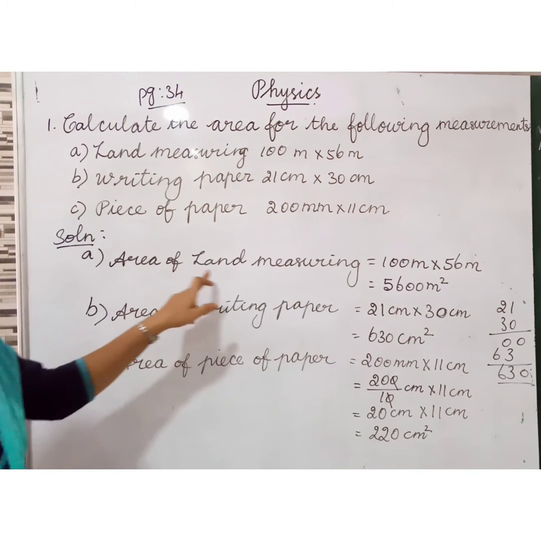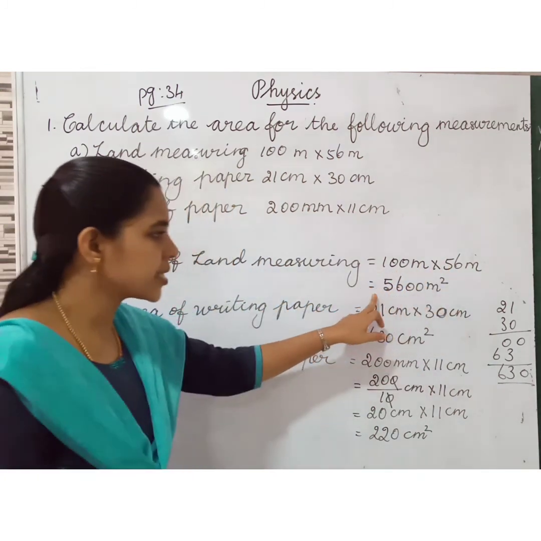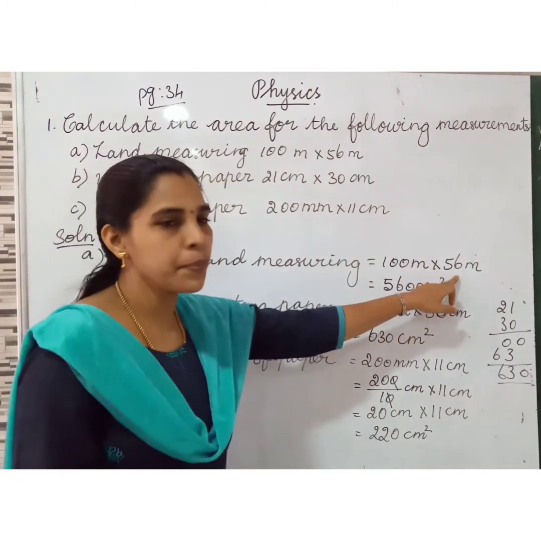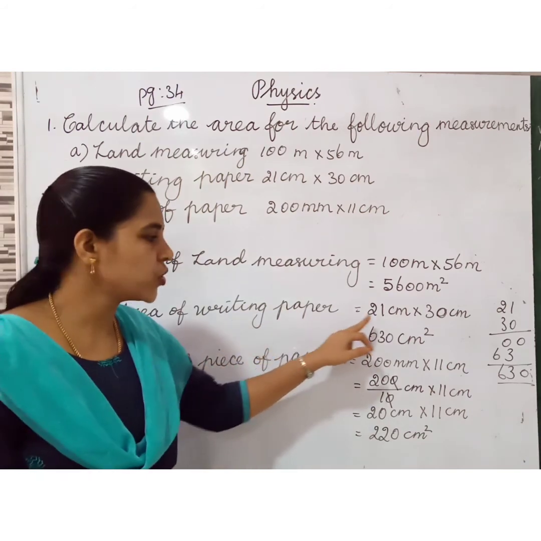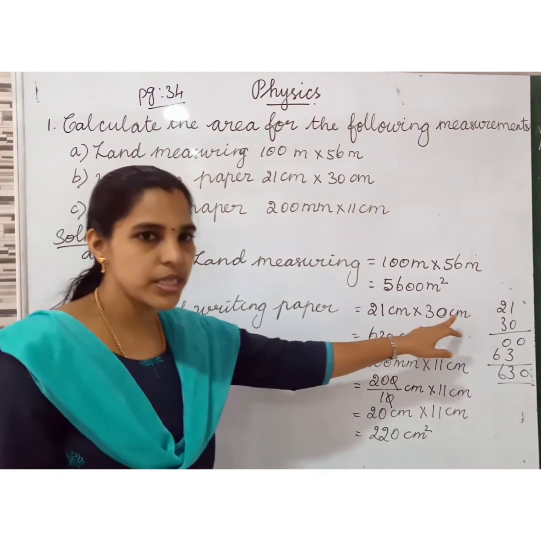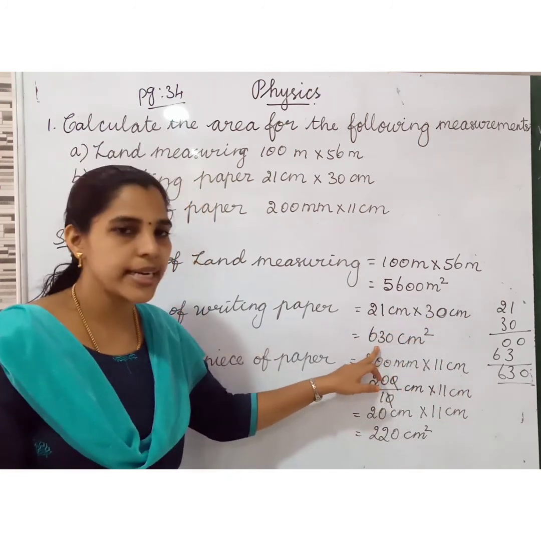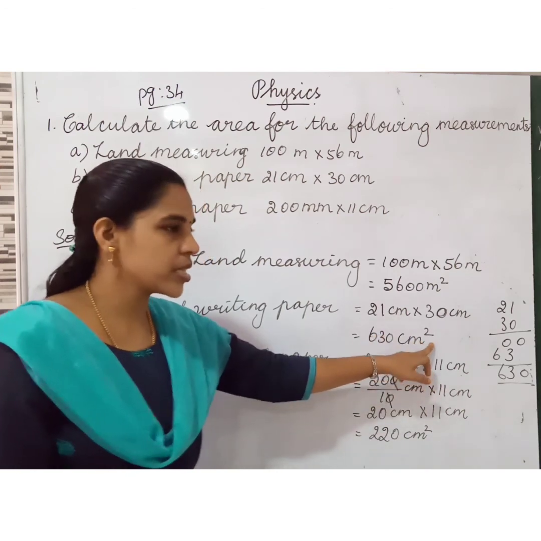First one, area of land measuring 100 meter into 56 meter is equal to 5600 meter square. The unit is meter, so meter square. Area of writing paper is equal to 21 centimeter into 30 centimeter. We multiply these numbers: 630 centimeter square.